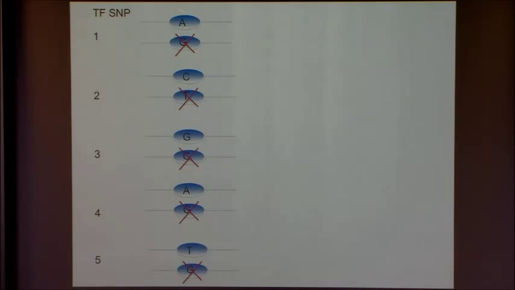And now, for each of those cases where we've got a SNP in a PU.1 binding site, we can classify the two alleles according to which allele is predicted to have better PU.1 binding and which is predicted to have worse PU.1 binding. So here the X is supposed to indicate the allele that is predicted to have worse PU.1 binding. And now we can ask whether the direction of effect here on the transcription factor is associated with aggregate changes in any of the other kinds of features that we've measured.